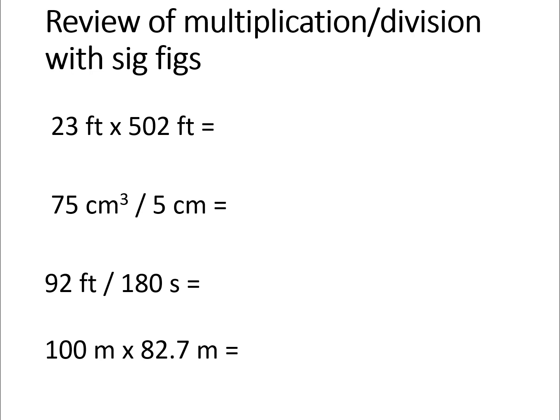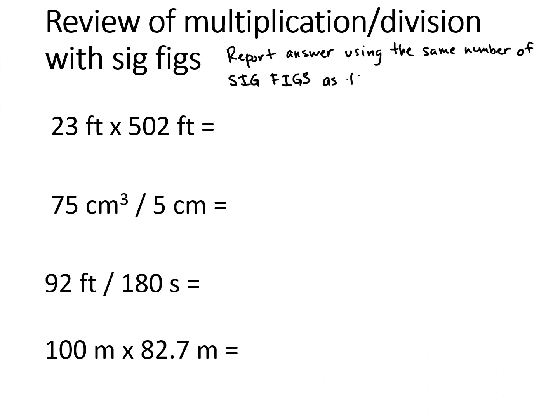So with multiplication and division, what you want to do is report your answer using the same number of sig figs this time as the measurement with the fewest sig figs.